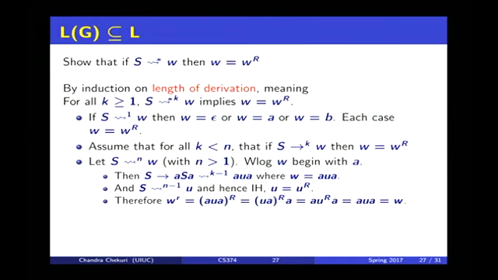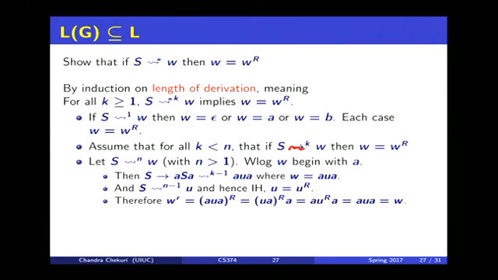Now we assume that for all k less than n, if S derives W in k steps, then W equals W reverse. That's our inductive hypothesis. Then let's look at a W that can be derived in n steps, where n is greater than 1.